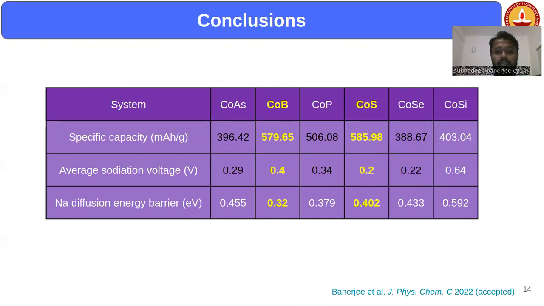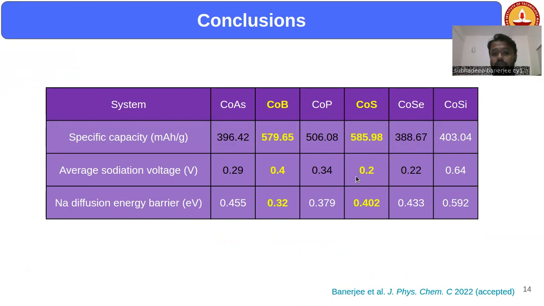And finally, in conclusion, based on all our studies, we can say that cobalt boride and cobalt sulfide are the best anode materials among these 6 cobalt anti-MXenes, which give a specific charge capacity close to 600 milliampere-hour per gram.